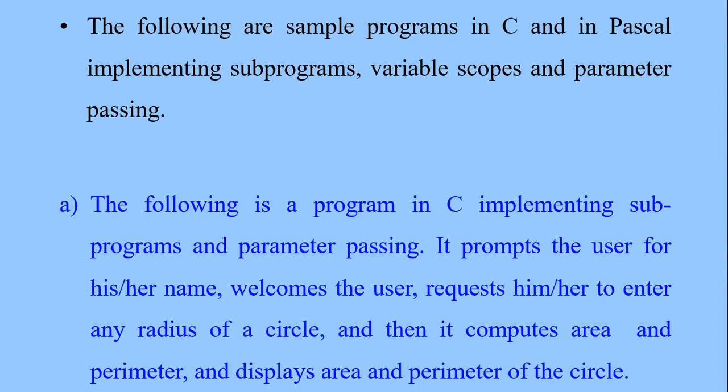It prompts the user for his or her name, welcomes the user, requests him or her to enter any radius of a circle, and then it computes area and perimeter and displays the area and perimeter of the circle on the screen. So this is our C program.